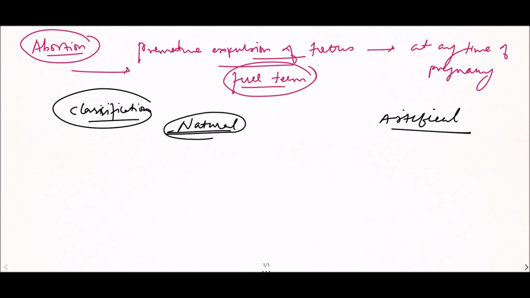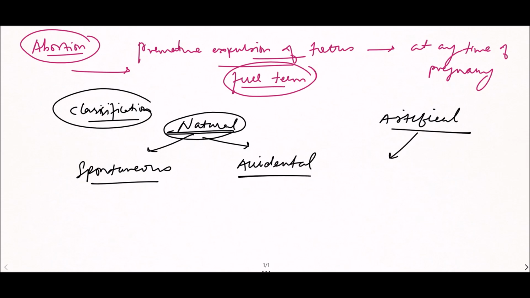Natural abortion is further classified into whether it is spontaneous or accidental, and artificial abortion is further classified into therapeutic or criminal. So this is the basic classification of abortion.